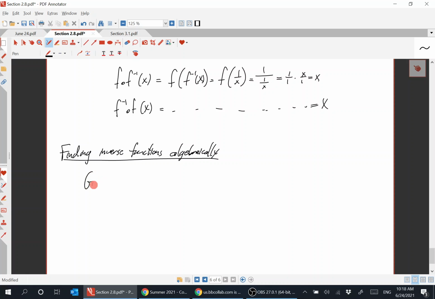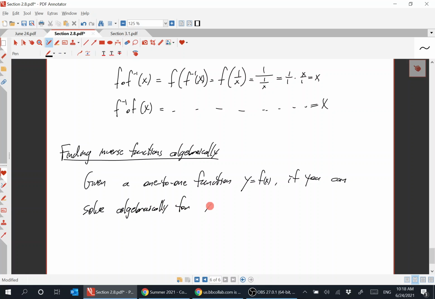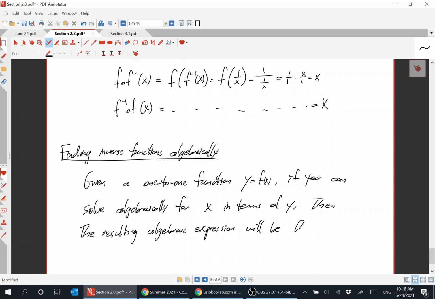So given a one-to-one function y equals f of x, if you can solve algebraically for x in terms of y, then the resulting algebraic expression will be the inverse function.